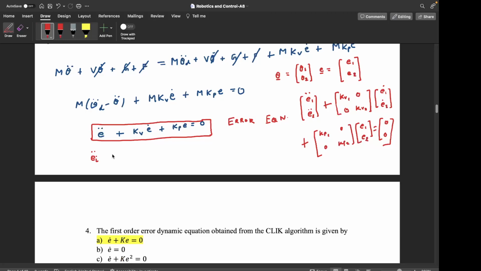So ei double dot plus some number Kvi ei dot plus Kpi ei equal to 0, right? So this is a scalar equation.